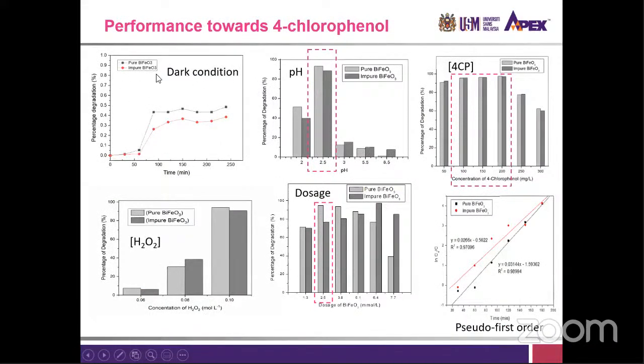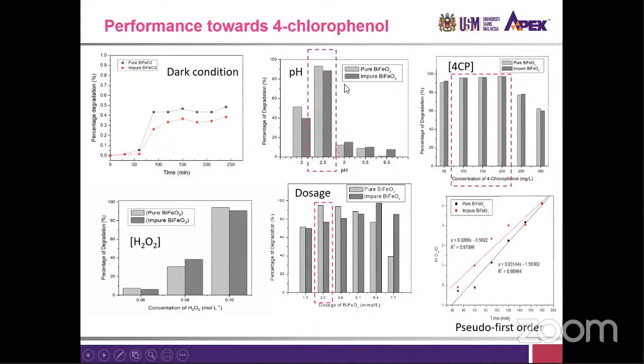we can see that in that condition it's not really good, because no photocatalytic properties appear. The absorption is not so good. And then we change the pH, and control the concentrations of the pollutants, using the concentration of hydrogen peroxide, the dosage, and so on.